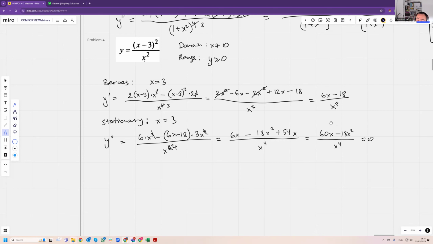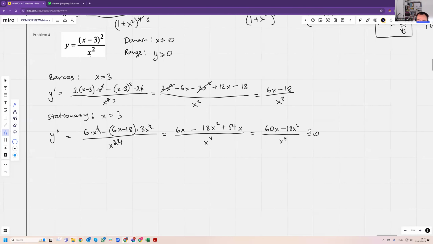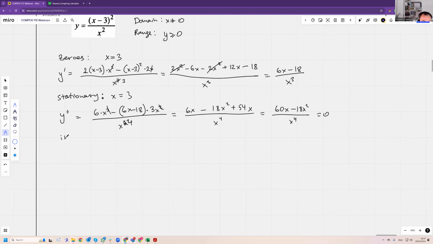That's equal to 0 when, for inflection, x equals 0 and x equals 60 over 18, which is 10 thirds. So 0 and 10 thirds are the points of inflection.